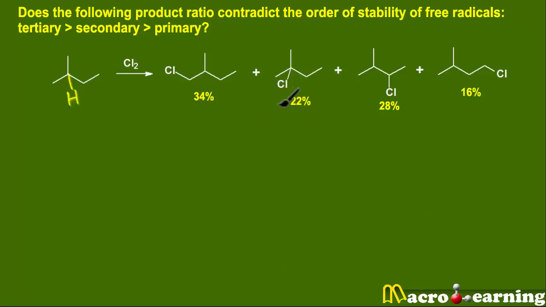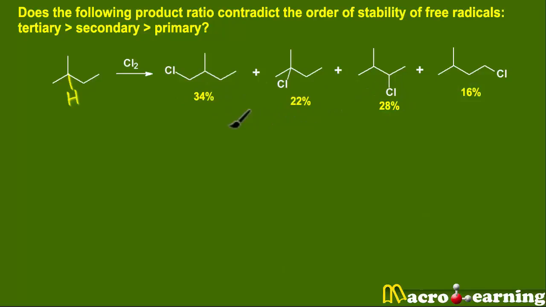But the fact is that this product only makes up 22% of the entire product. Only 22%. So the key here is that when we try to assess the relative reactivity of the different hydrogens from the product ratios, we don't want to look only at the product ratios themselves.